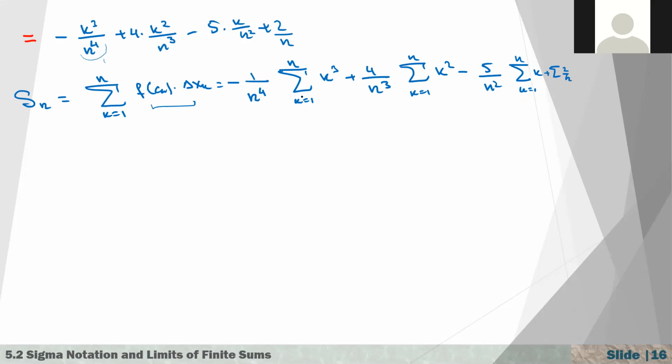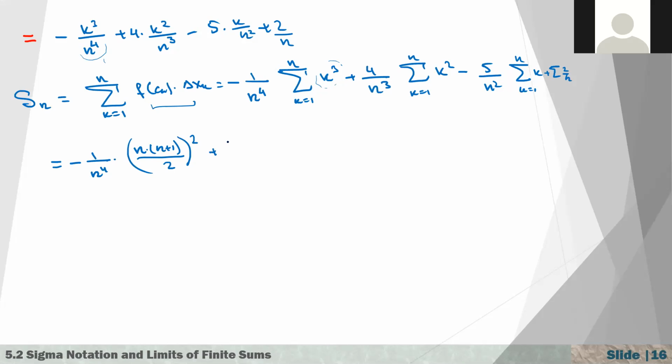Okay. So now we know how to find the sigmas, right? The first one is, let me just simplify again, minus 1 over n to the power of 4. What is it? It is just the sum of the cubes of the first n natural numbers. And that's just equal to n times n plus 1 over 2 squared.